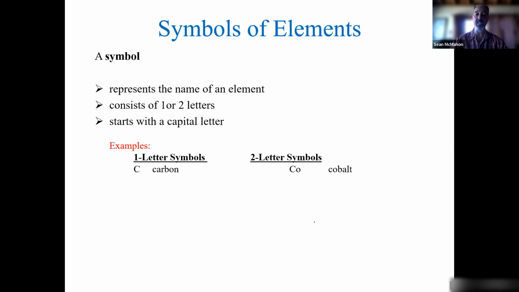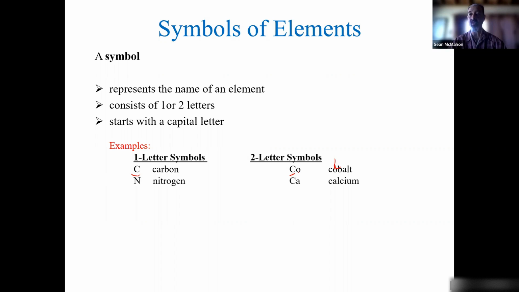Carbon. We see that carbon, right? It's capital C. Now for a 2-letter symbol, we have cobalt. And the reason why it's not just capital C is then we would get confused with carbon. So what do we do? We go to the second letter, O, and we put it in lowercase. So nitrogen, capital N. Calcium, same situation that we had with cobalt.